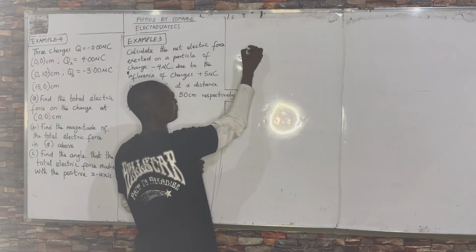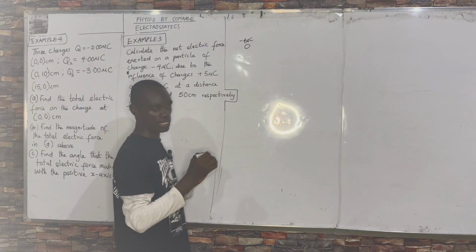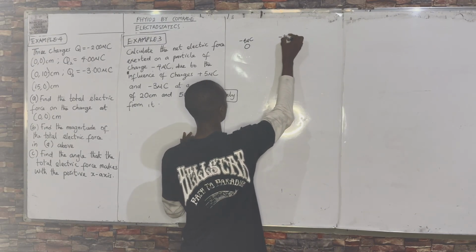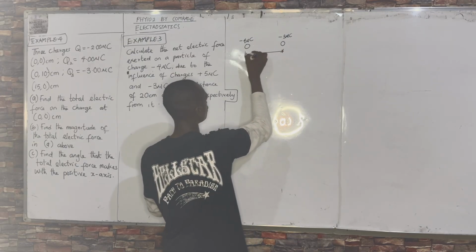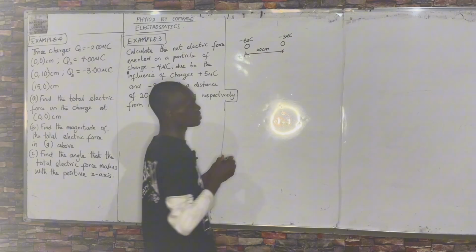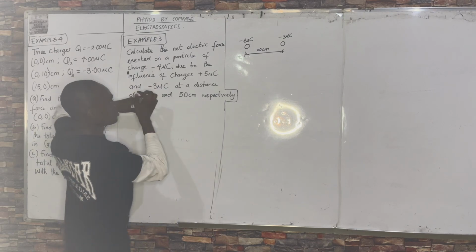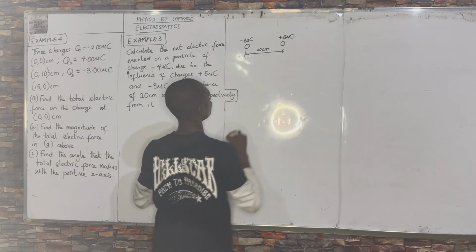And it's very simple. So how do you draw the diagram? From the question, I have a charge here, which is minus 4 microcoulombs, right? And I have another charge here, which is minus 3 microcoulomb. And from the question, the distance between these two is 20 centimeters. Sorry, plus 5. Plus 5 microcoulombs first.